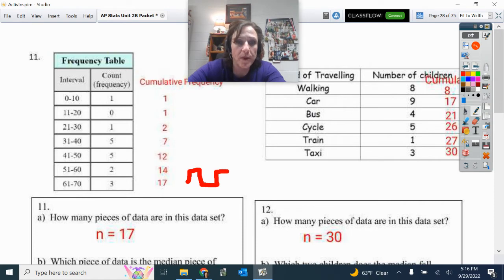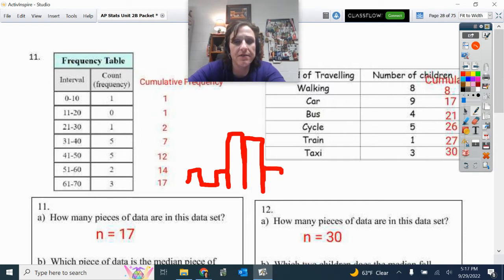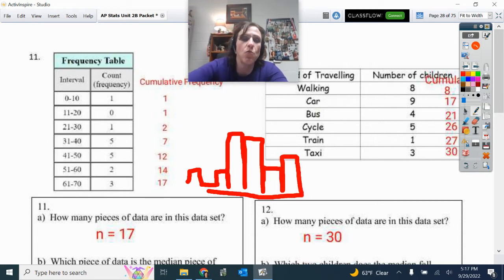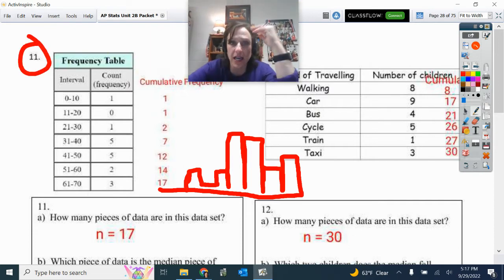Then I had one more piece of data from 21 to 30, five pieces of data from 31 to 40, and five pieces of data from 41 to 50, and then two pieces of data, and then three pieces of data. So this is what this number 11 looks like.